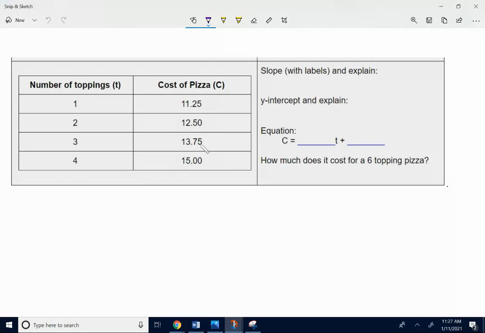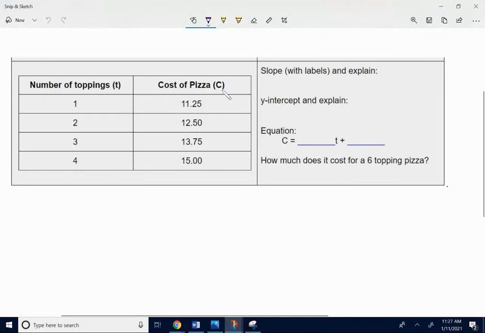Before we do this, we've been talking about x and y all the time, right? We had the slope of a data table being change in y over change in x. Y is always on the right side of your data table, and x is always on the left side.